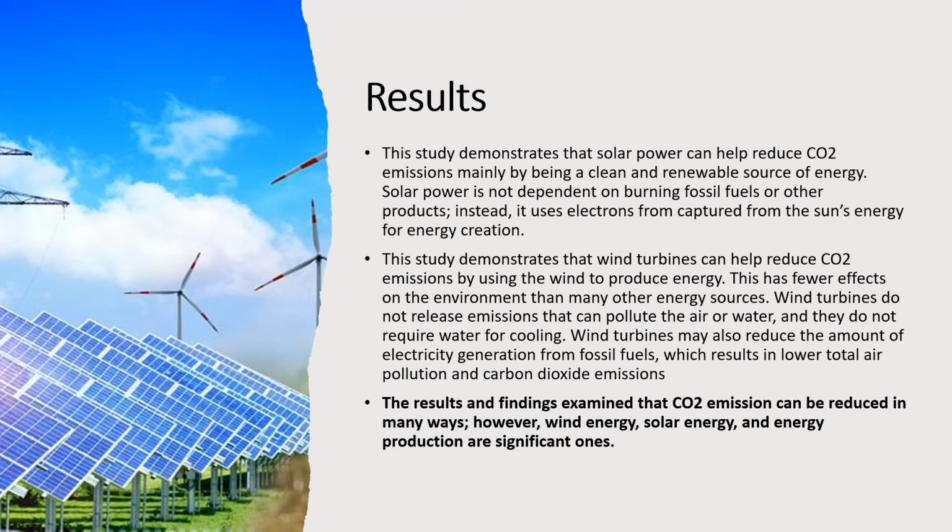These wind turbines may also reduce the amount of electricity generated from fossil fuels, which then results in lower total air pollution and carbon dioxide emissions. To conclude the whole study, the results and findings showed that CO2 emissions can be reduced in many ways. However, from studying this case study, wind energy, solar energy, and energy production are the most significant ones.